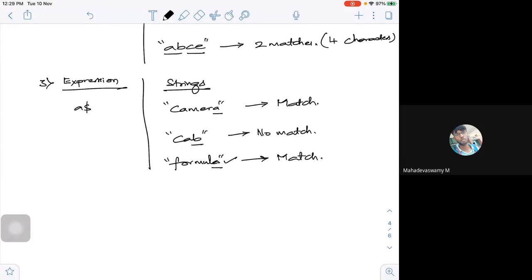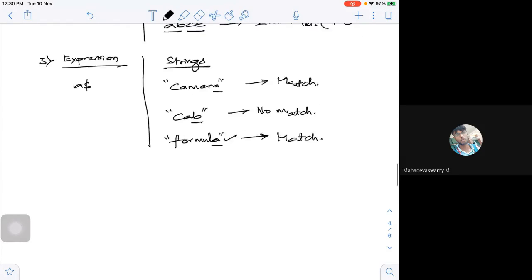Or maybe you know the star symbol. A star symbol means I can check for the number of times that particular thing is occurring. Let me show how to use the star symbol in an expression.